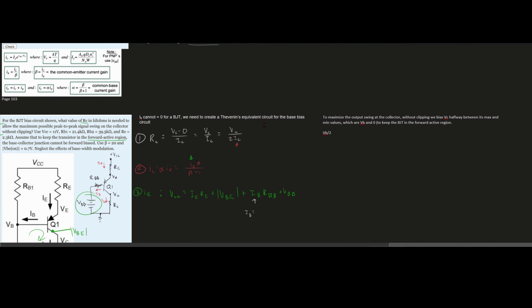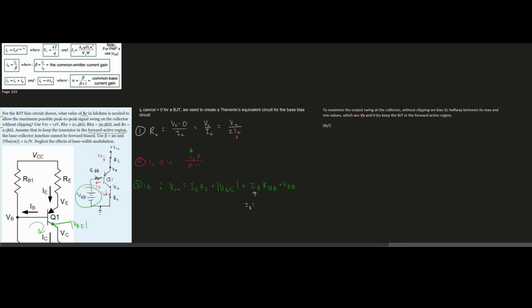If we look at the notes again, we have a few things that we can do. The nicest one here looks to be our IC over beta, because we can rewrite our IC as alpha times our IE over beta, which, if we cancel out the betas, we can just write as IE over beta plus 1. So that's going to go inside of there. And now we can factor around everything and get everything to one side.